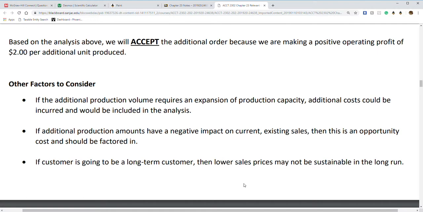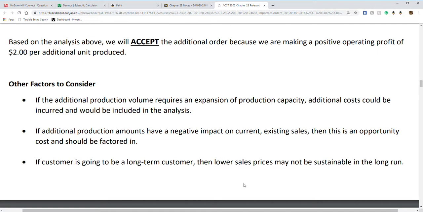If so, we have to put that into the analysis also. If additional product amounts have a negative impact on current existing sales, then we would have opportunity costs factor in. Again, we're not going to go heavily in depth. This is something you probably go into in cost accounting or even intermediate accounting if you're an accounting major.